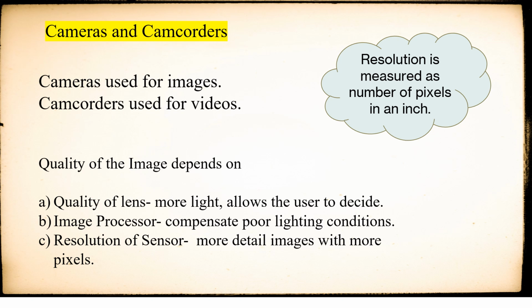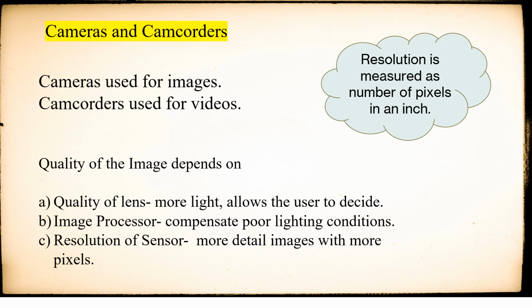That is basically shown in the textbook. Then the image processor, the CPU. The processor of the camera or camcorder should be able to compensate for poor lighting conditions.